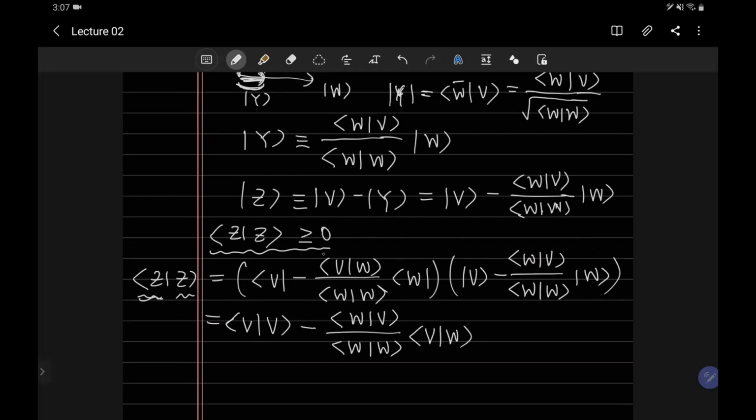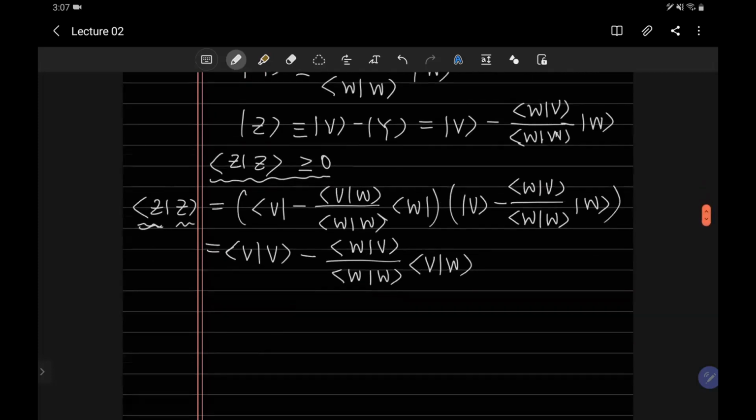Now multiply this one on this term, then it will be minus v w over w w, and this one will multiply on here, so w v. And finally, the entire part will be multiplied on here.